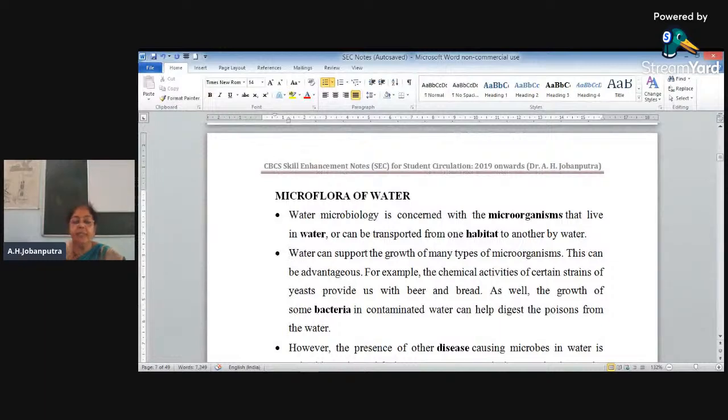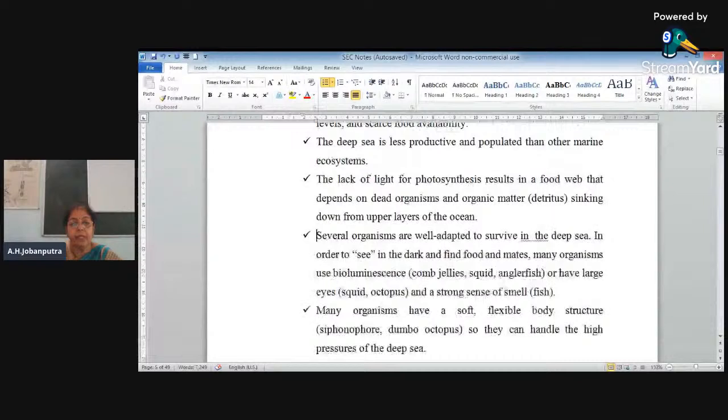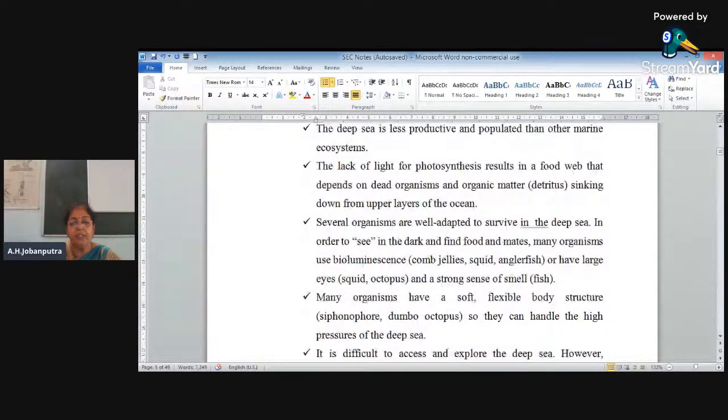I think hydrothermal vents was remaining.